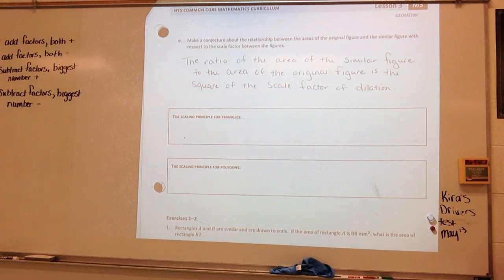Okay? Alright, we have conjectured that the relationship between the area of a figure and the area of a figure similar to it is the square of the scale factor.